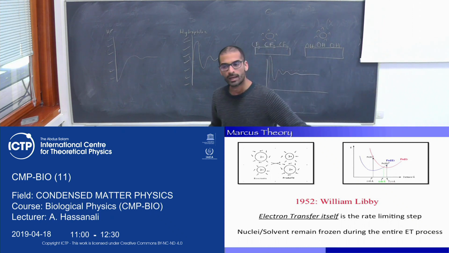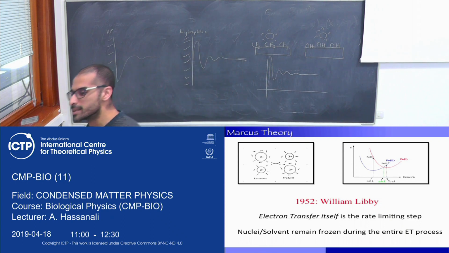So how do I understand what controls the charge transport? I guess you guys have already learned some of this in Landau-Zener. Have you done Landau-Zener? No. Two-state model, electron coupling between two-state model.